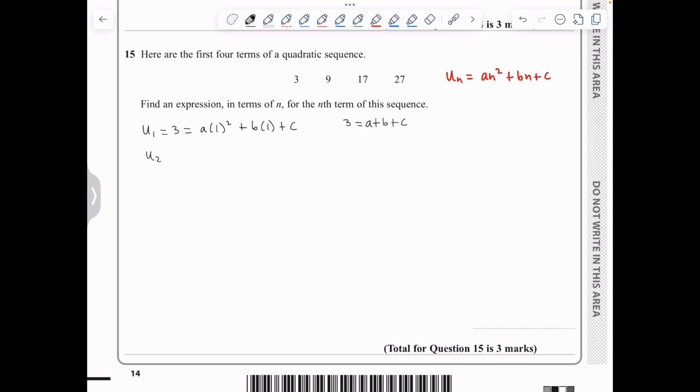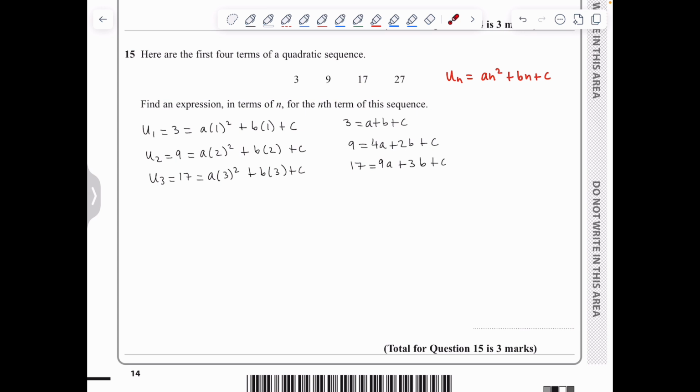Now u2 is 9, which is a times 2 squared plus b times 2 plus c, and therefore we've got that 9 is 4a plus 2b plus c, and u3 is 17, which is equal to a times 3 squared plus b times 3 plus c, and therefore we've got 17 being equal to 9a plus 3b plus c.